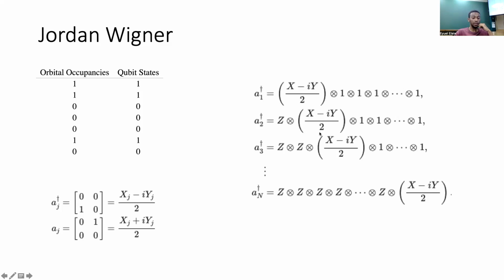If we represent them naively, for example, the creation operator just changes the 0 state to the 1 state. But this formalism doesn't work because it doesn't preserve the sign required by the fermionic anti-commutation relation. So we need to insert Z gates in order to handle this.